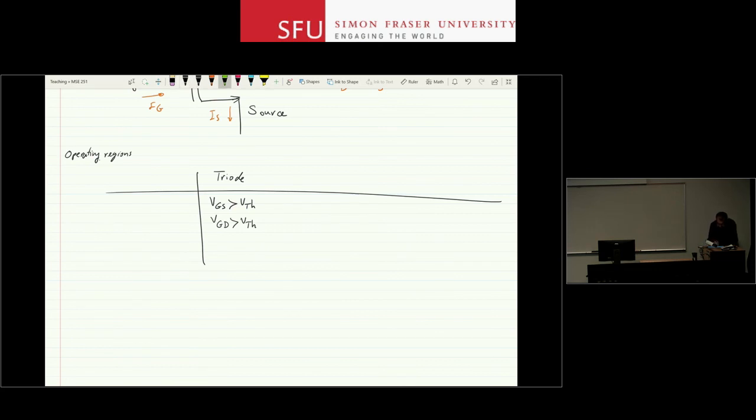And if that is the case, then I could see that my current voltage relationship is given by this expression, 1/2 mu n C oxide W over L. Two here as well. Okay? So in this case, I have a resistor.